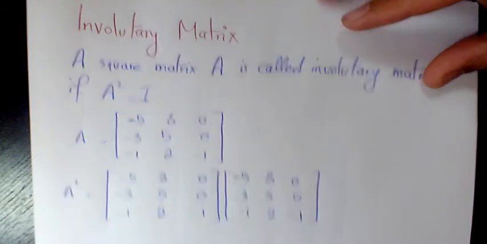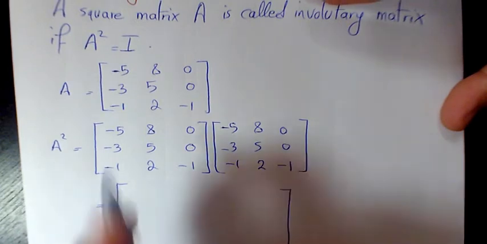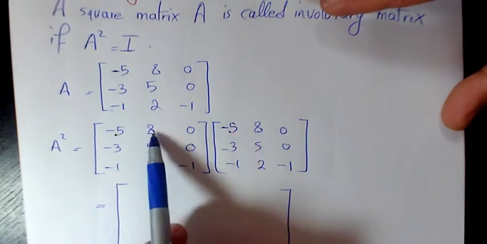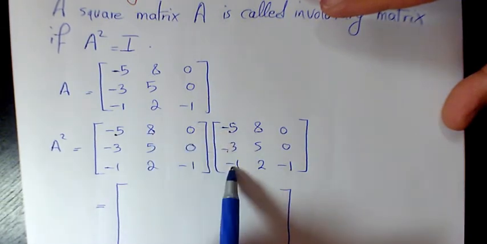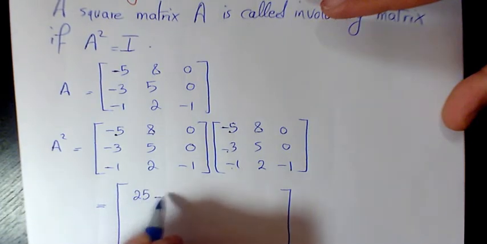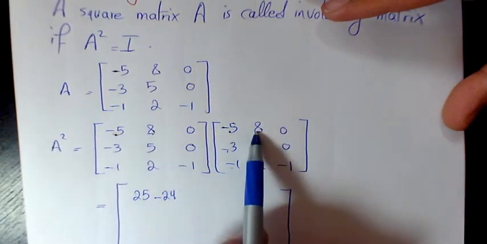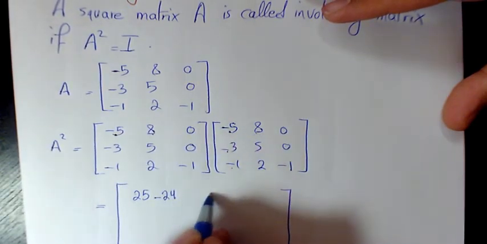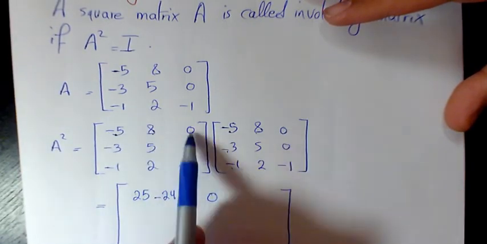So, when you multiply it, -5 times -5, 8 times -3, 0 times -1. So that's going to be 25 minus 24. Next one, -5 times 8, 8 times 5, 0 times 2. That's going to be 40 minus 40, 0. -5 times 0, 8 times 0, 0 times -1.